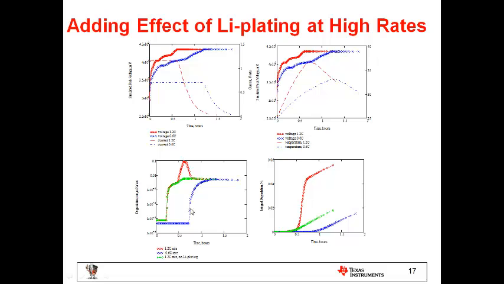But if you consider lithium plating, you can see that it occurs in a pretty narrow range here, where our voltage is already high, so we're coming pretty close to the trigger threshold for lithium plating, and just some small additional IR drop causes us to go over the threshold.